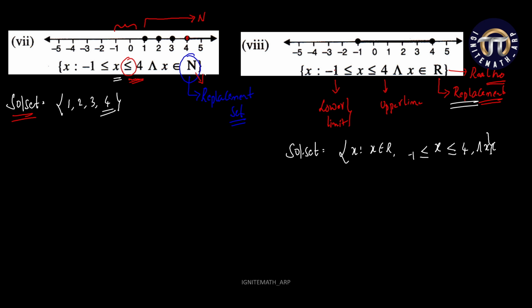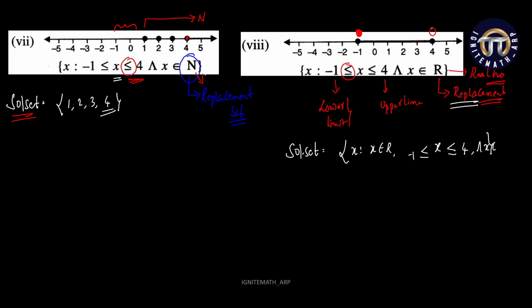What is the lower limit? -1. So I will draw a circle on -1. Now I will see this sign very carefully. x is greater than or equal to, so my task is to darken this one. I will darken this. Clear? Now I'll go to the upper limit, that is 4.